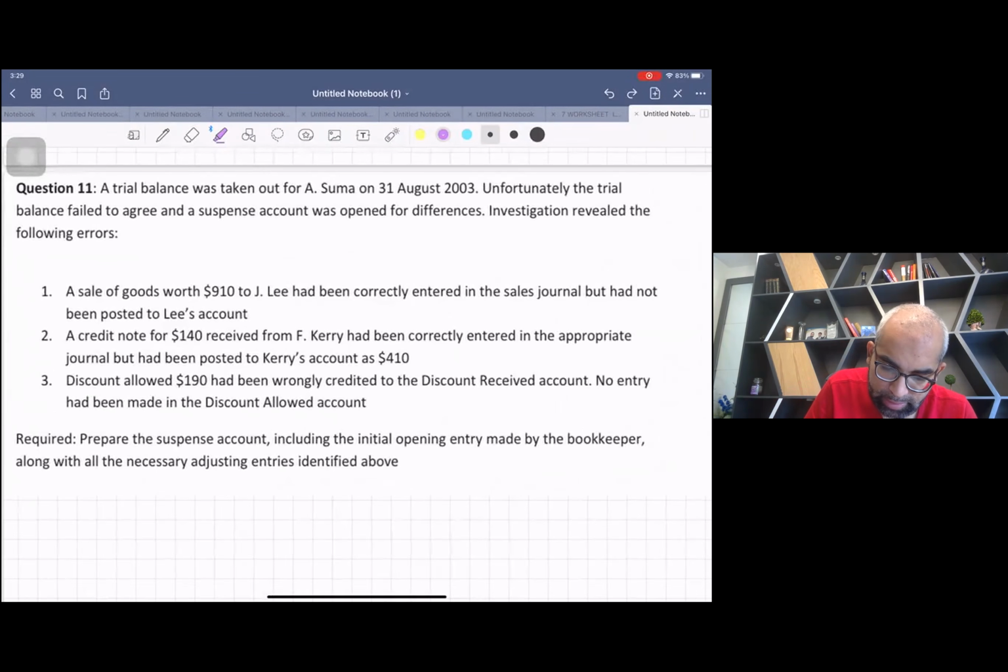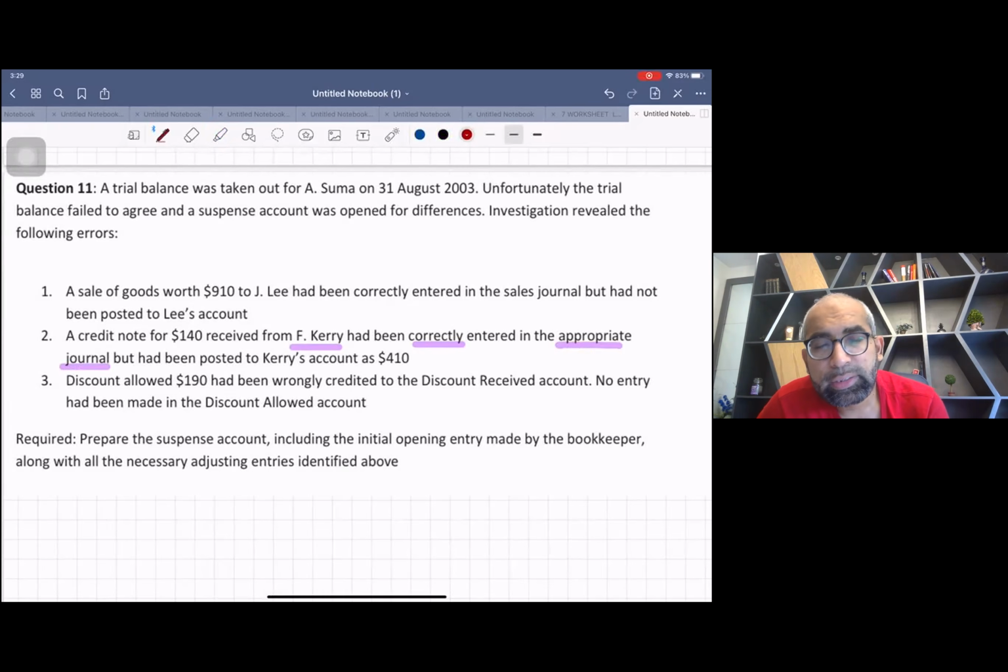In point number 2, a credit note of 140 received from F Carry. We have received a credit note, that means we are buyers. So in the buyer's books, we book purchase return. So this is a purchase return entry. It had been correctly entered in the appropriate sub journal. The appropriate journal of purchase return is the purchase return day book.